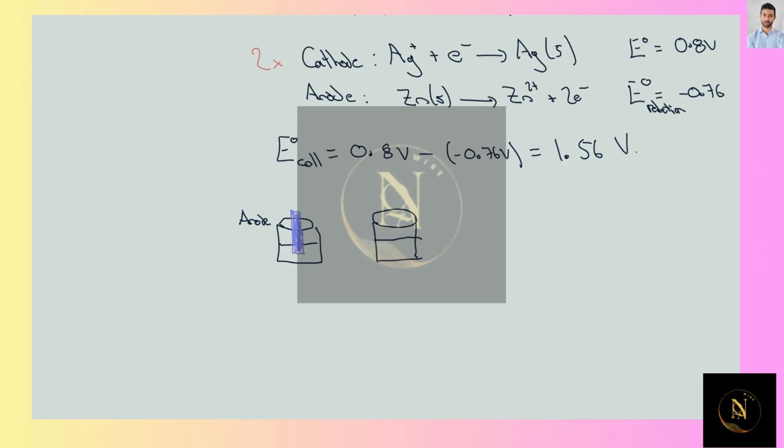So on the left side, we're going to have here a zinc bar. On the right side, we're going to have a gold one. Oh, sorry, a silver one. Silver solid. And in between, connecting them, we need to draw a salt bridge.